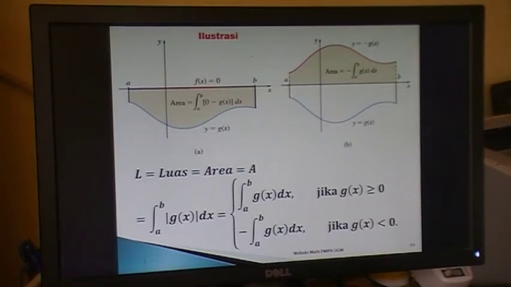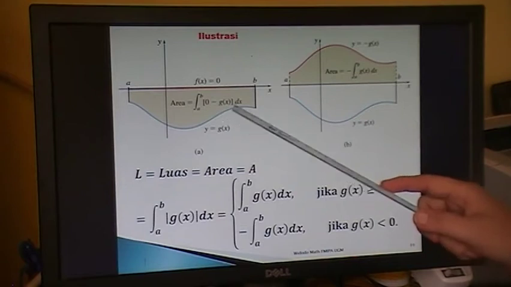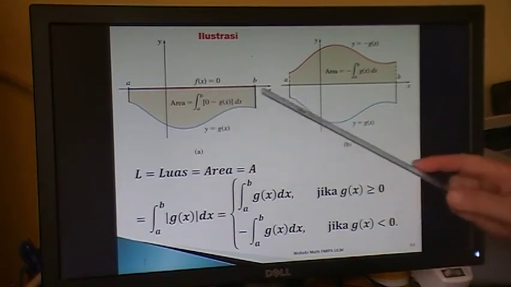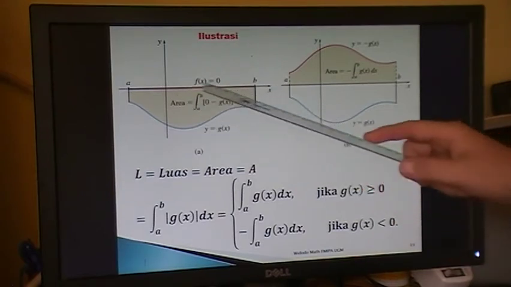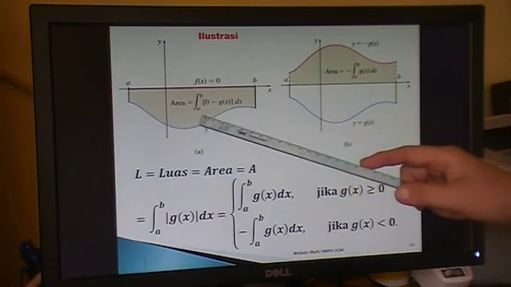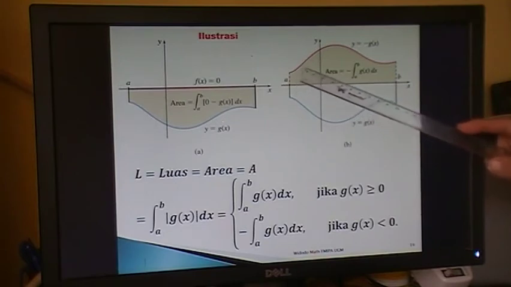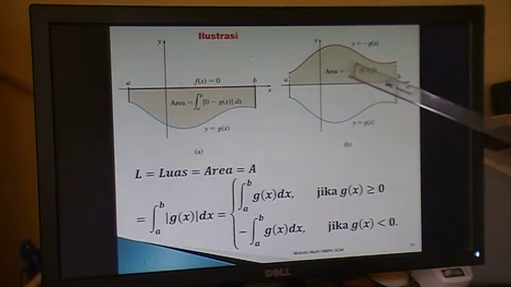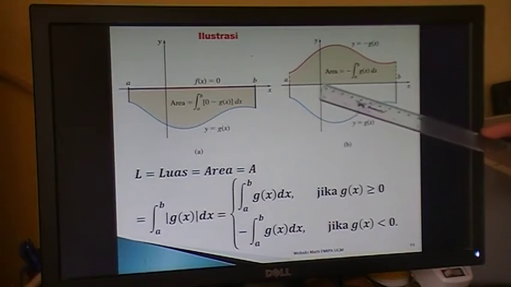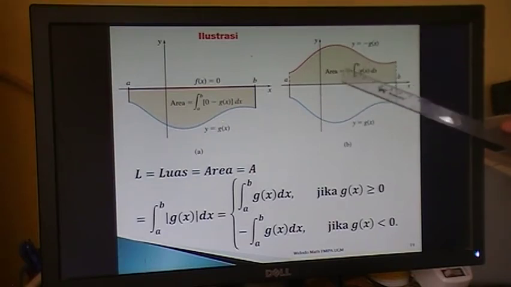As a general illustration, if the function g is under the x-axis, something like this, you have to take the negative value. And if the curve is like this, that means the function is above the x-axis, then it is not necessary to take the absolute value.